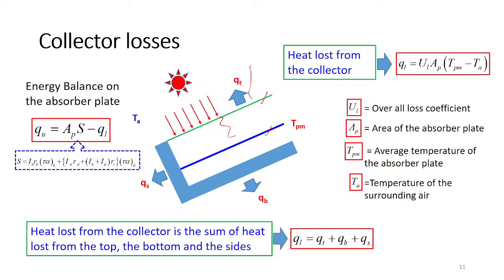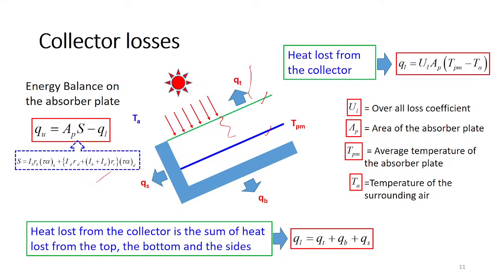If we want to write the energy balance equation of this absorber plate, Q is the useful heat gain, which is equal to the amount of solar radiation received by this absorber plate multiplied by the area, minus the heat losses. This S is the solar radiation flux received by the absorber plate, a function of many parameters, which has already been shown in the lecture videos.